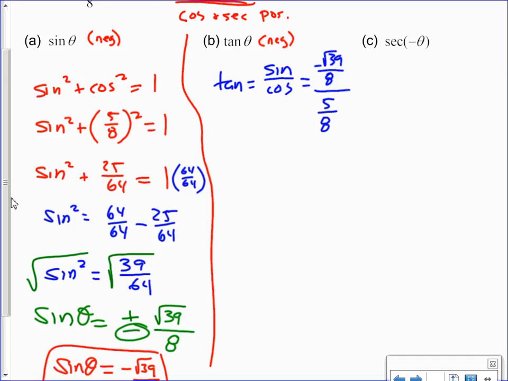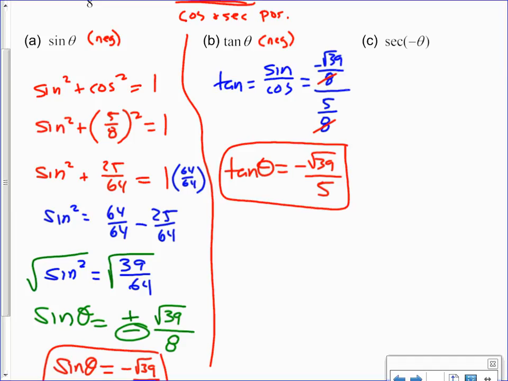Here's the deal. Both the top and bottom have a denominator of 8, so you can cancel it out. So tan is negative root 39 over 5. We're in quadrant 4. Is that a possible answer? Yes, because tan is negative. There you go. It's so easy.